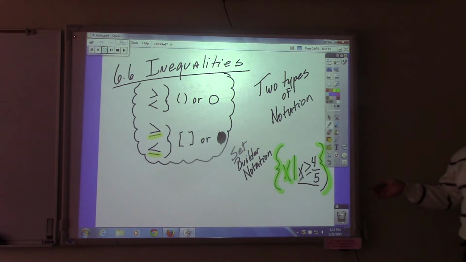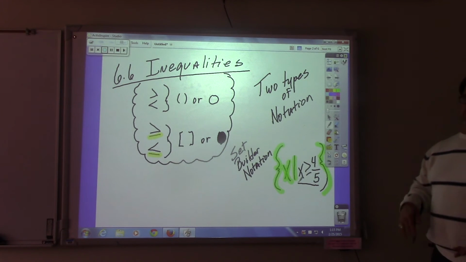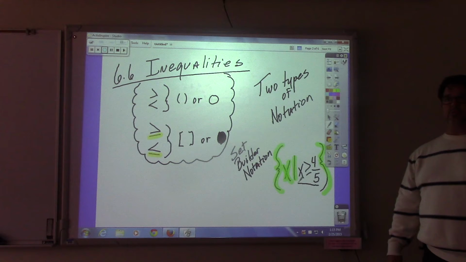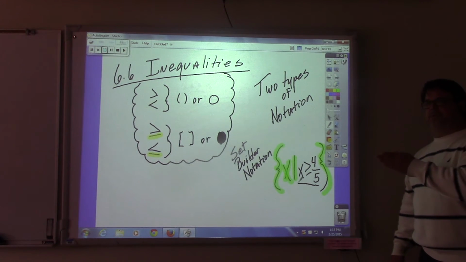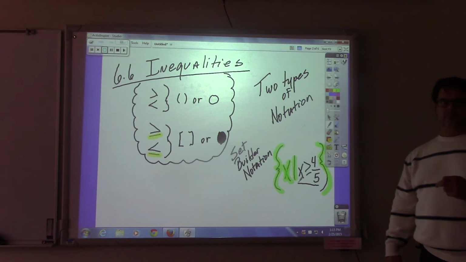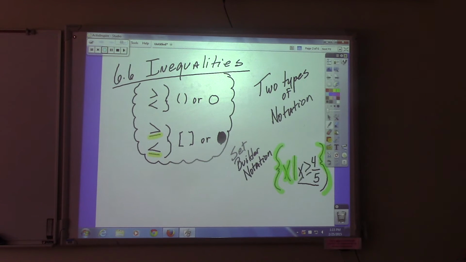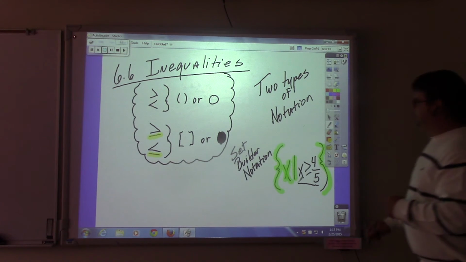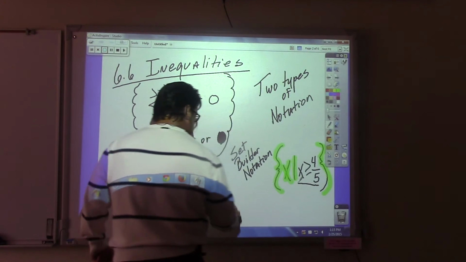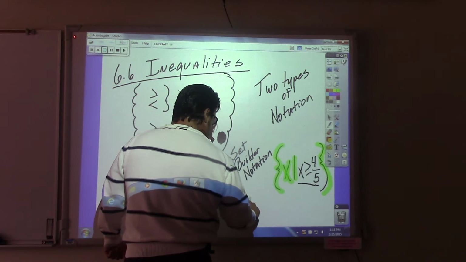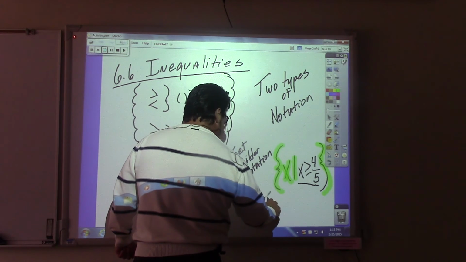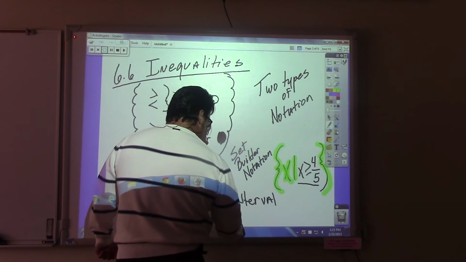Do I like set builder notation? I'd rather you use interval notation because interval notation stresses that you're reading the graph from left to what? Right. And that's what I'm going to show you next. It's called interval notation, because it shows the solution set as an interval.